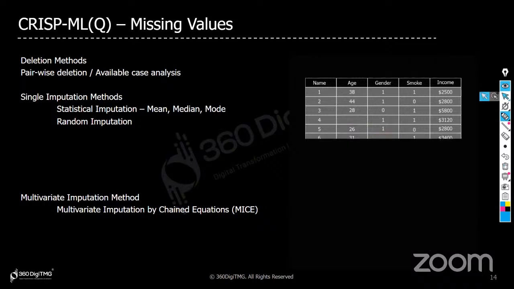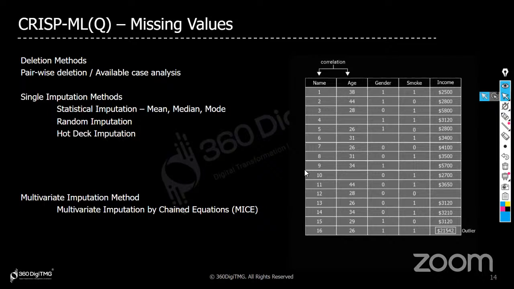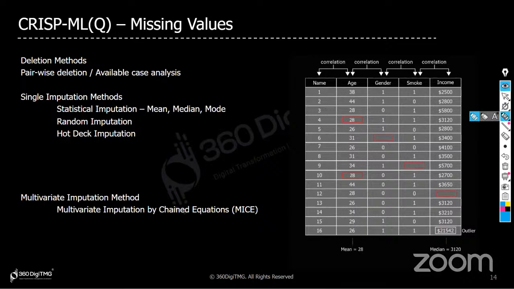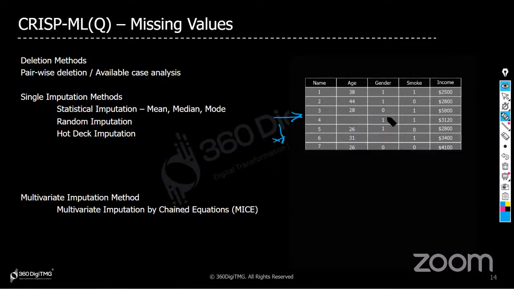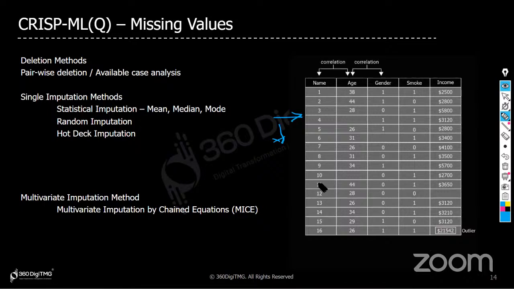The next one is hot deck imputation. Suppose you have found a missing value in the fourth record. When going for hot deck imputation, we search all records to see whether the column values of this particular record are matching or not.